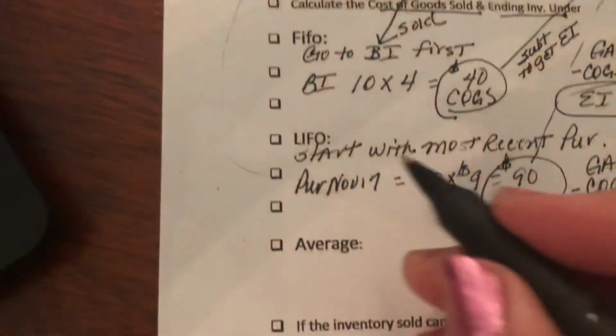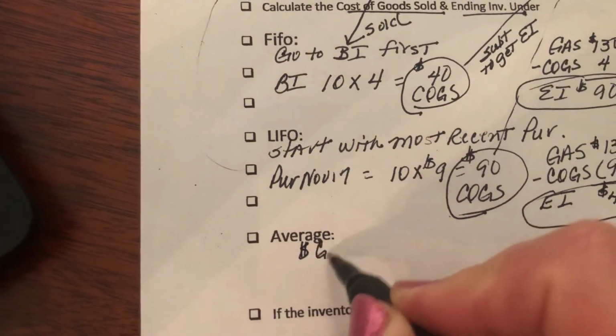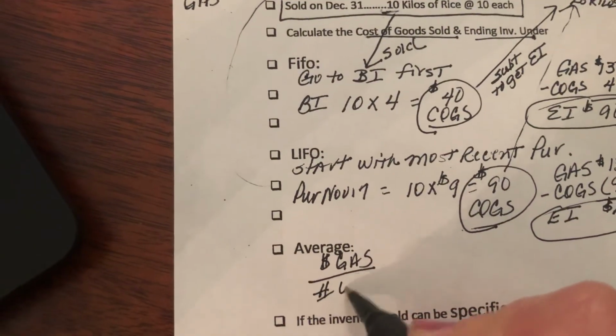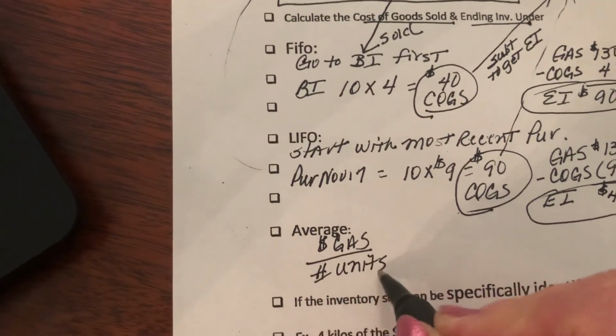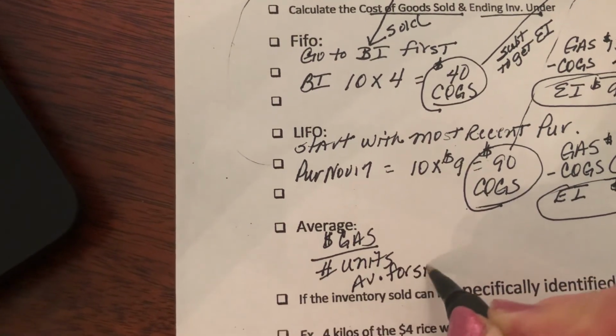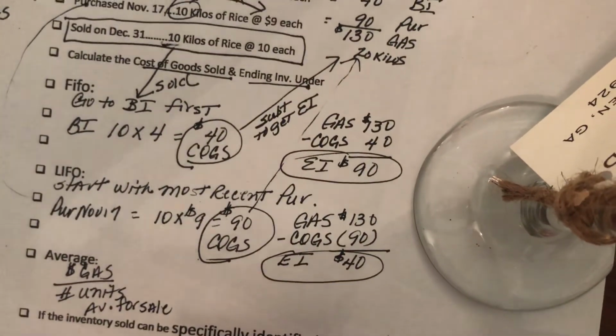So let's go back here. What you want is the dollar amount, and you want to divide that by the number of units. Let me secure this up here on my glass.